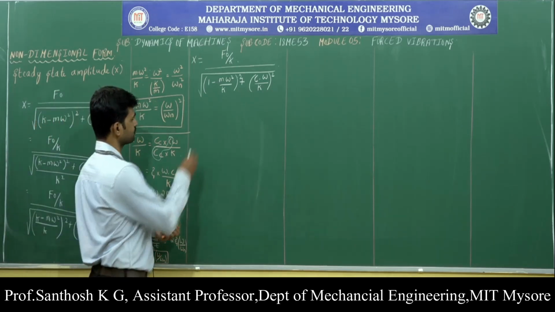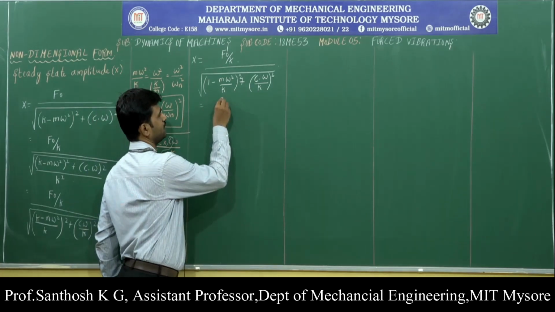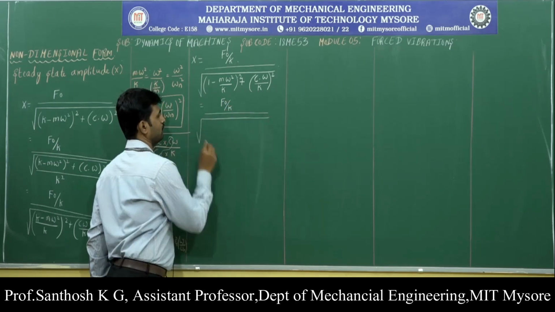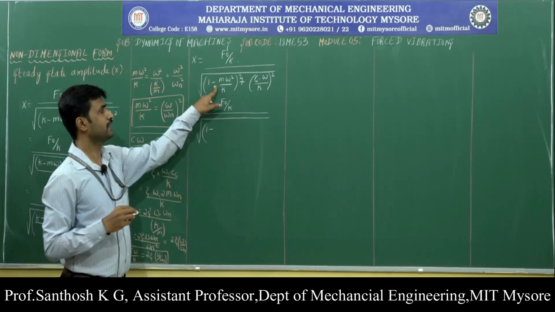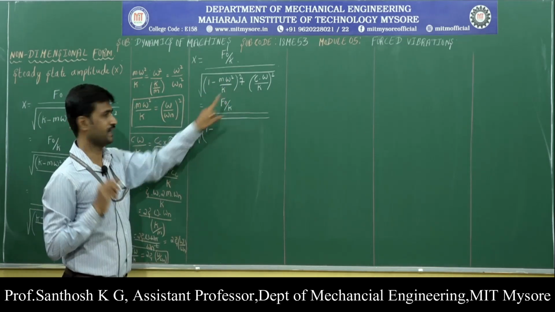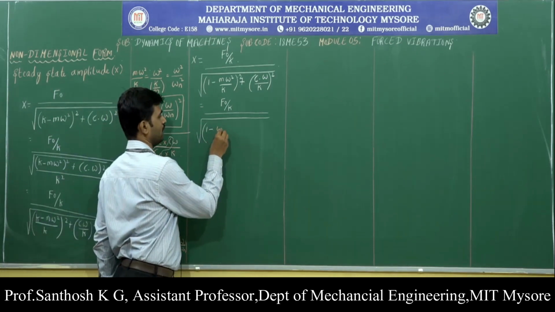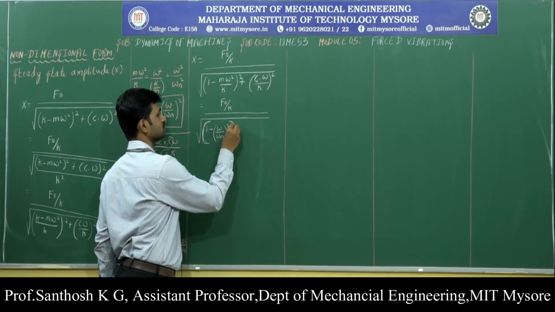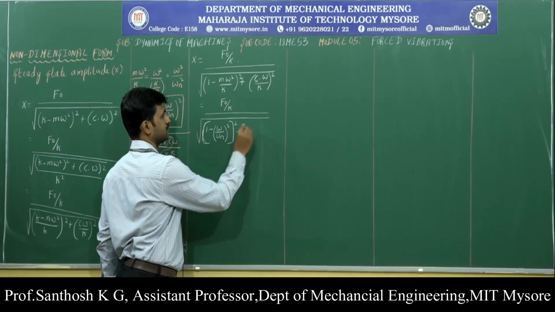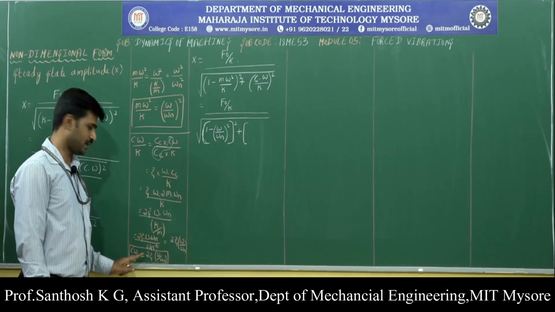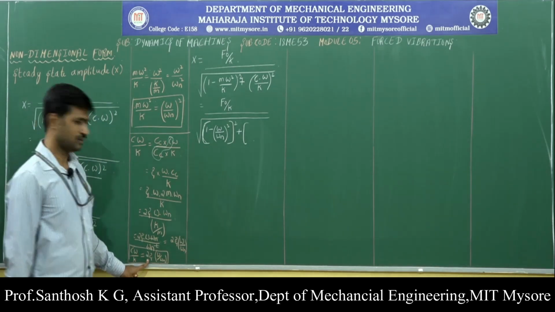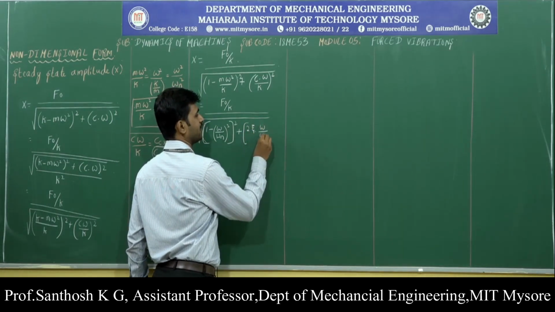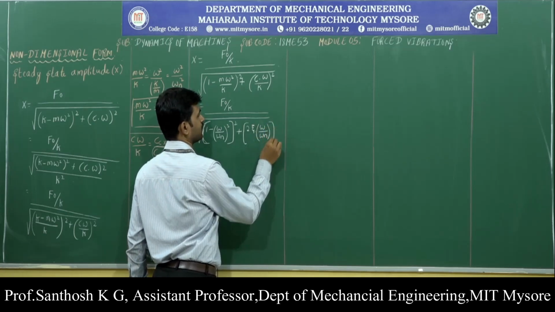So in the numerator I have F naught divided by k, over square root of (1 minus, in place of m omega square divided by k, I write (omega divided by omega n) whole square) whole square, plus, in place of c omega divided by k, I write (2 times zeta into omega divided by omega n) whole square.